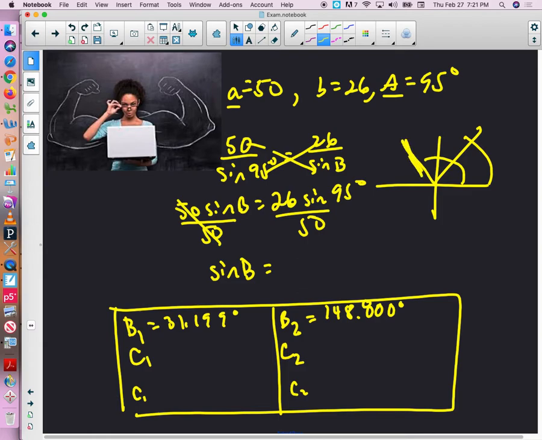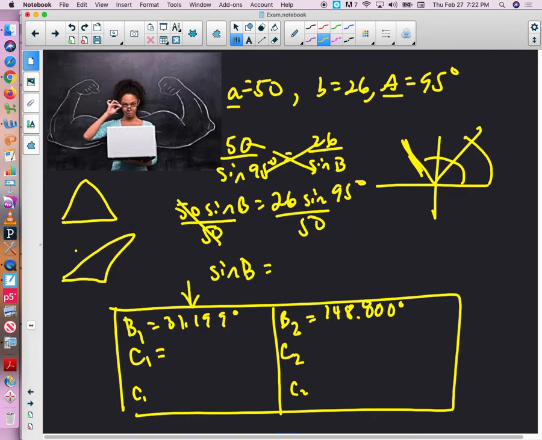There's two triangles that I could make: an acute triangle, or I could take the same given statements and have an obtuse triangle that's also viable.